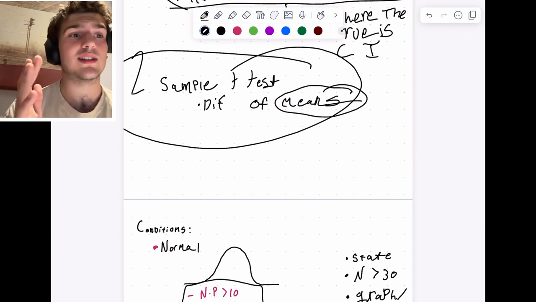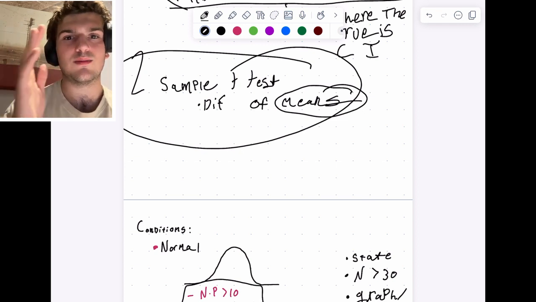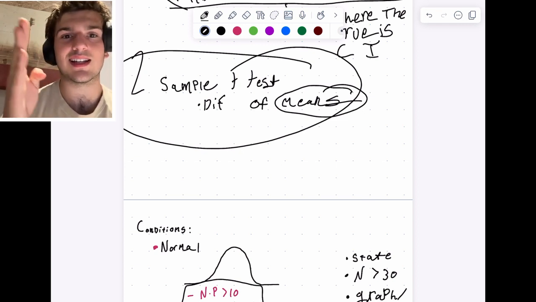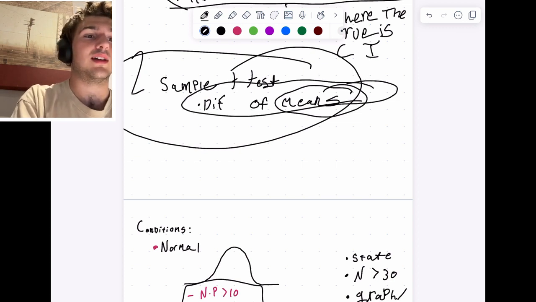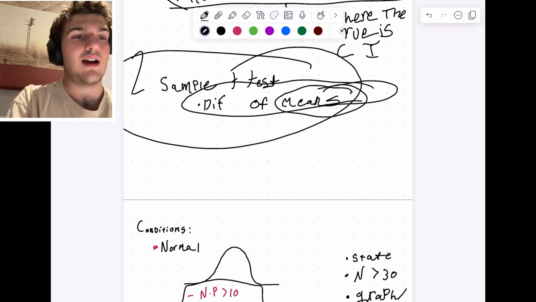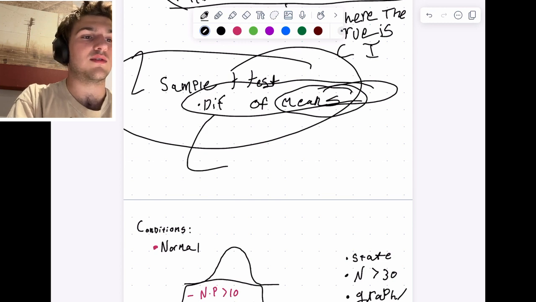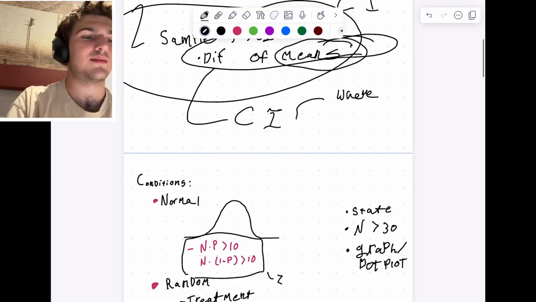If those two means are significantly different, we're looking if there's a statistically significant difference between those. And that's kind of what the t-test itself is. And then in terms of where we get our confidence interval, it's where that difference is.